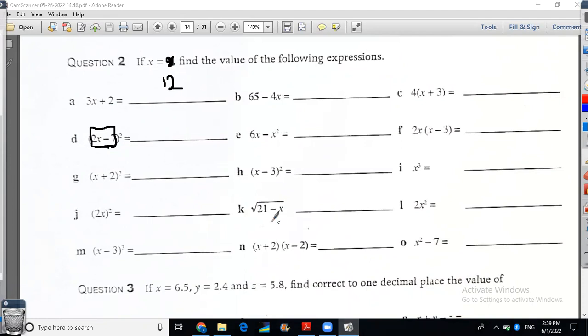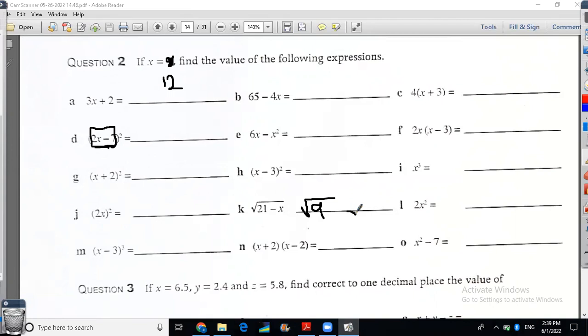All right. So I'm going to do 21 minus 12 first. What is 21 minus 12? The square root of 21 minus 12 is going to be 9. So what is the square root of 9? Oh mister, I forgot what the meaning of square root is.